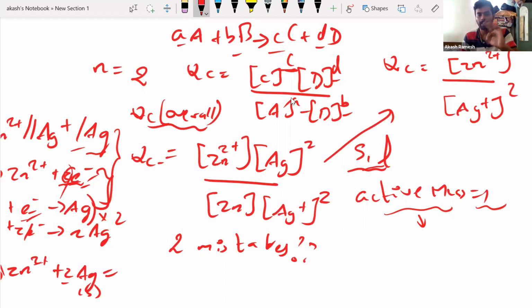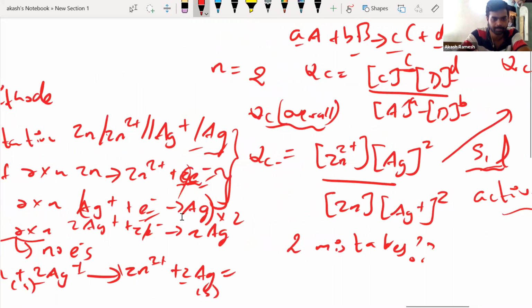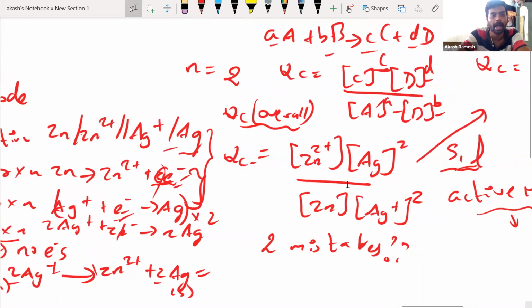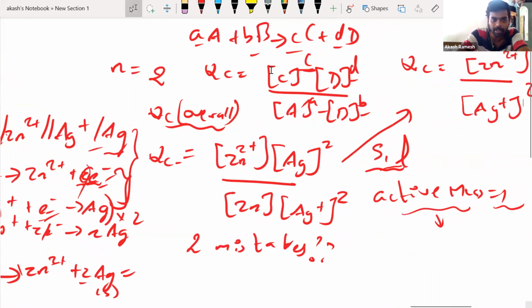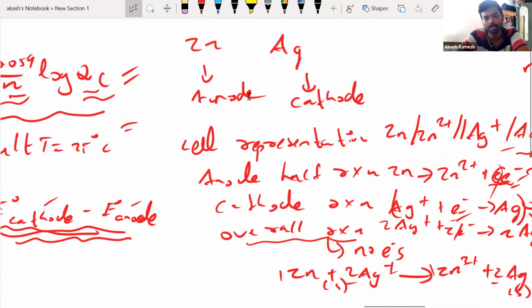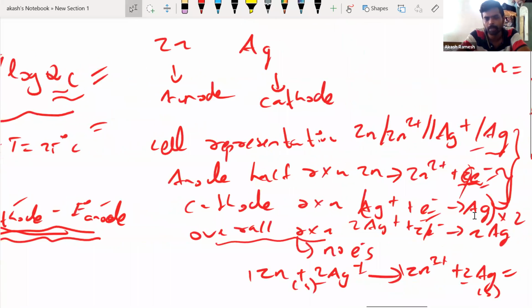The powers are very, very important. If you miss the overall equation, say if you miss this multiplication here, you multiplied by 2 and you got the overall equation. If you forgot to multiply this by 2 and you directly take the QC value and put it in the Nernst equation, everything is wrong. Totally, absolutely wrong because of a very small mistake that you didn't multiply it by 2.